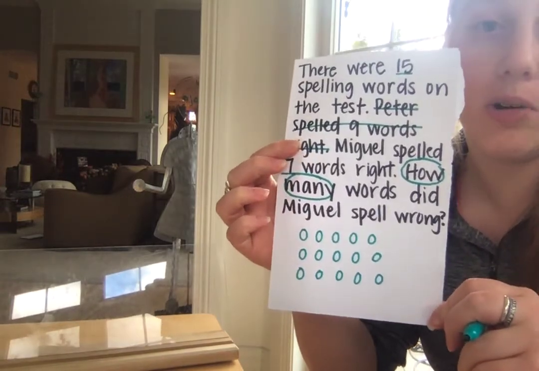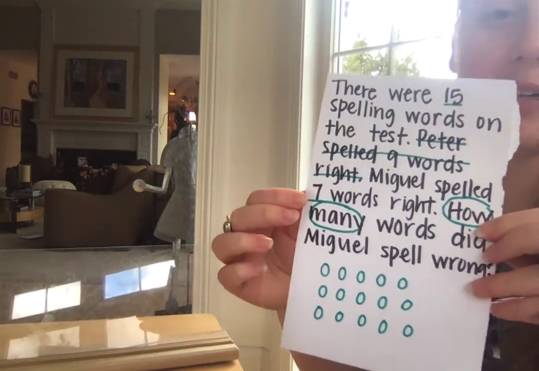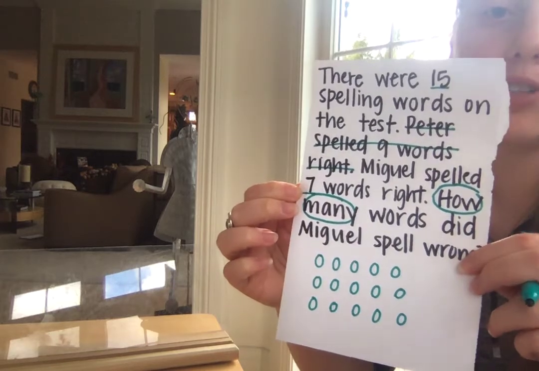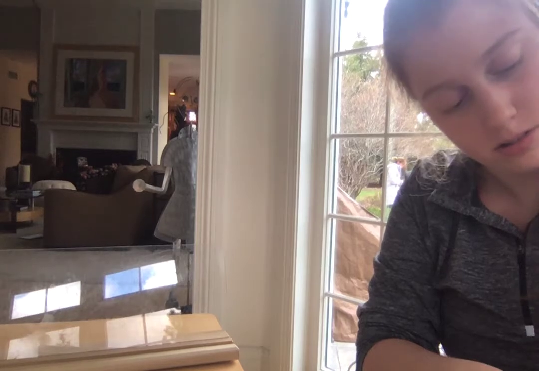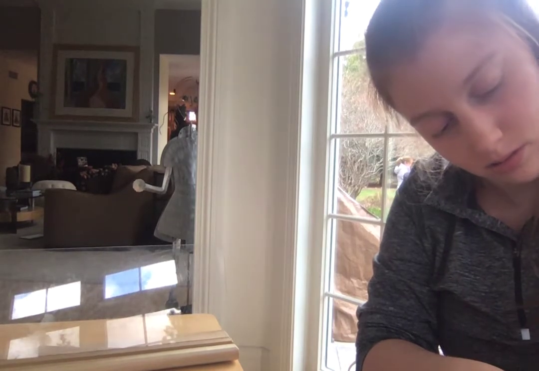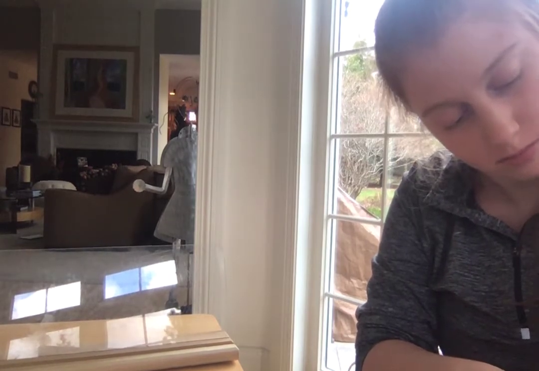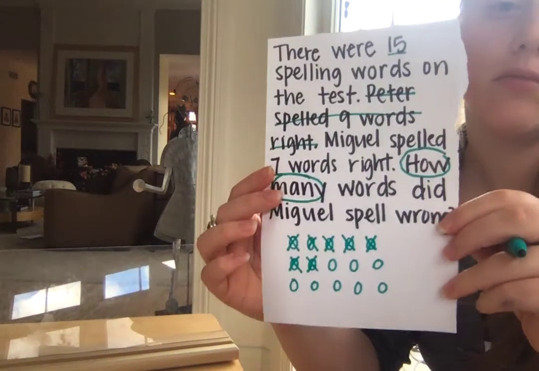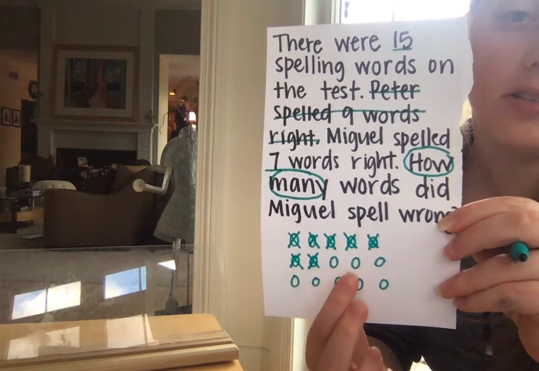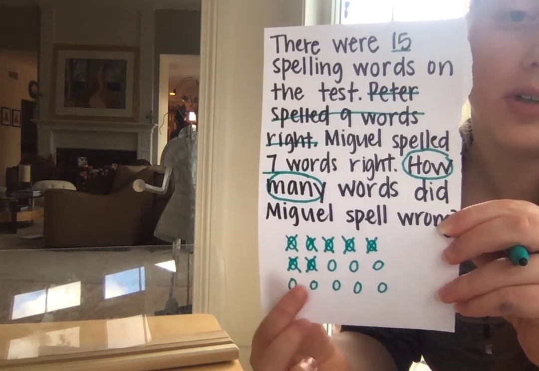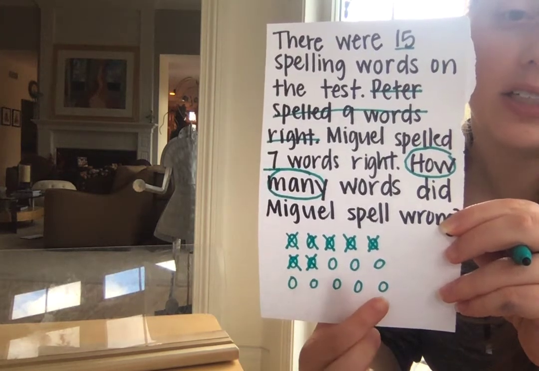Now we're taking away, because he got 7 right, so we need to know how many he got wrong. So if he got 7 right, I'm going to cross out 7. And our answer, how many he got wrong, is 1, 2, 3, 4, 5, 6, 7, 8.